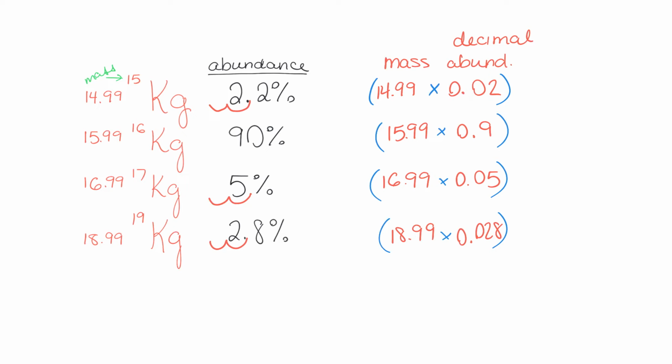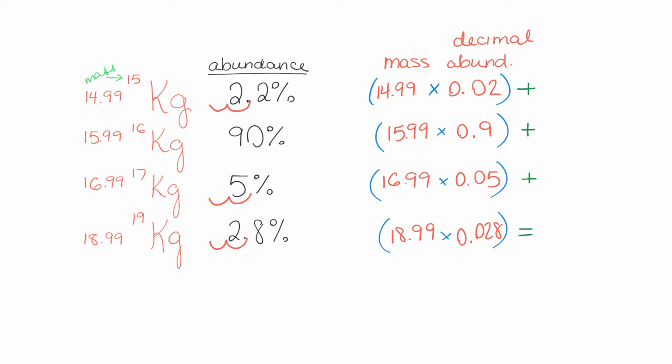So if you're stringing this into your calculator all at once, which I hope you are, you're going to literally put in bracket 14.99 multiply 0.02 bracket plus, and then keep going, bracket 15.99 times 0.9 bracket plus, you're going to add all of these together and hit equals at the very end. Okay, so go ahead, take a minute, do that.